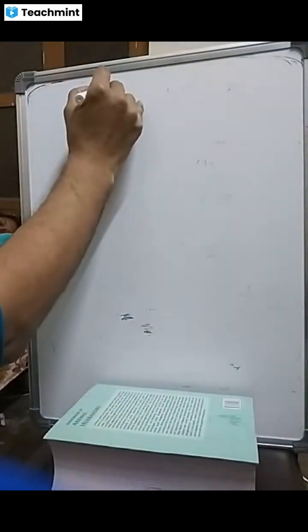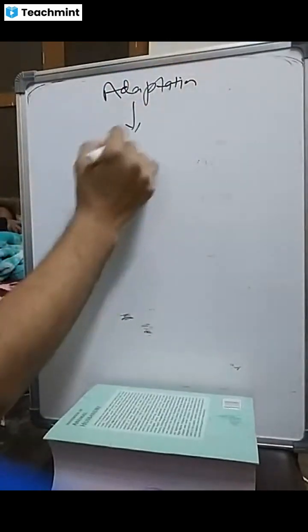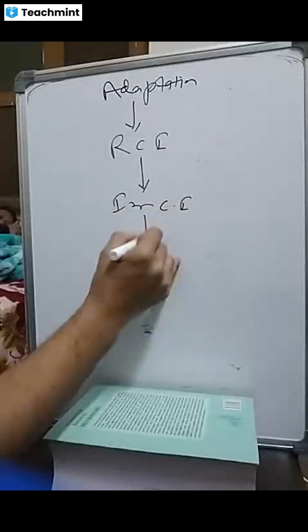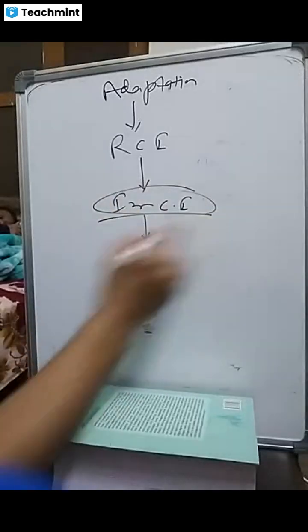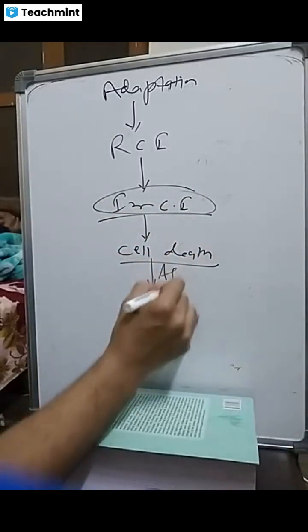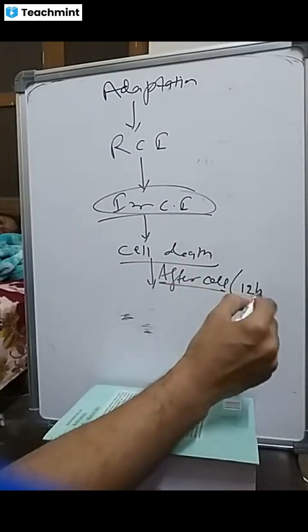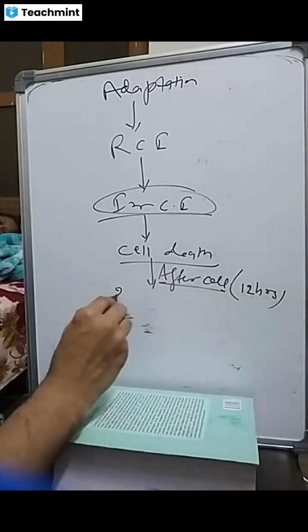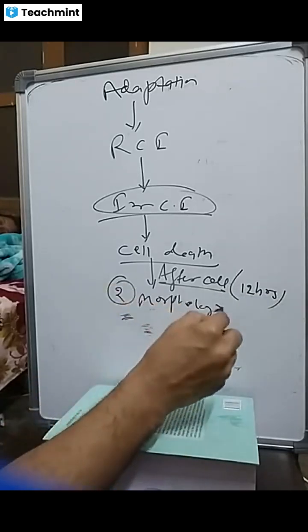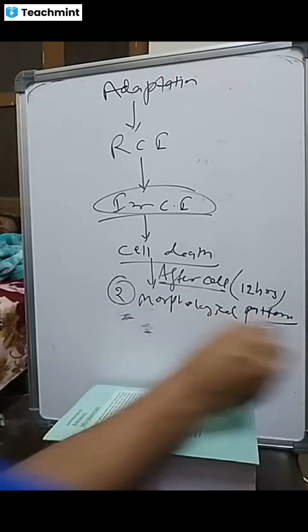So we started with adaptation, then reversible cell injury, irreversible cell injury, and after irreversible cell injury, there is cell death. After cell death, after 12 hours, two morphological patterns are seen.